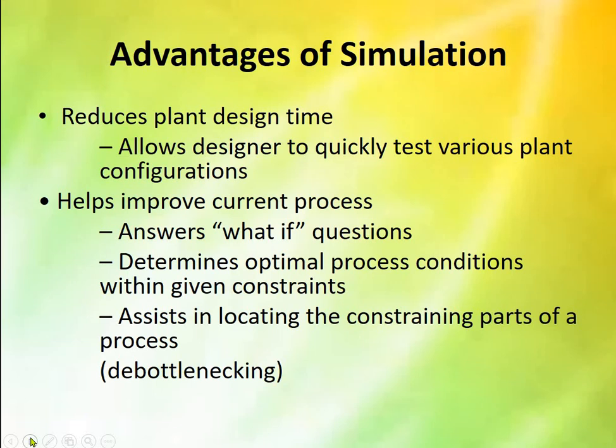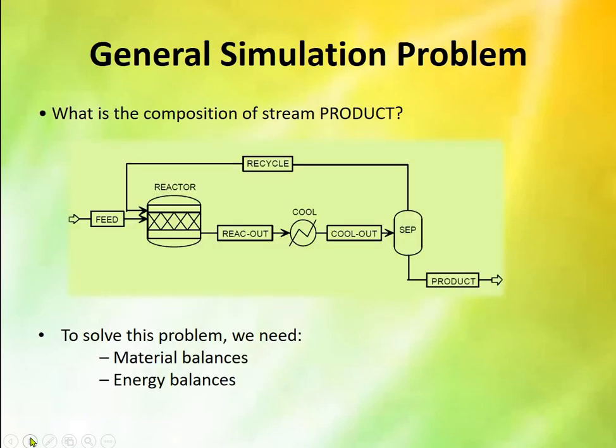It also helps improve current processes, answers what if questions, determines optimal process conditions with given constraints, and assists in locating the constraining parts of a process, which normally we call debottlenecking. So these are the advantages of any flowsheet simulation. So Aspen is one of the flowsheet simulators.